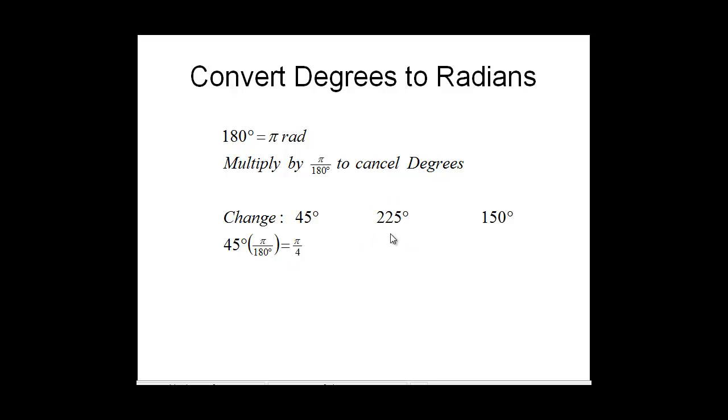Okay, if you want to convert 225, take 225, multiply by pi, divide by 180, and 45 goes into 225 5 times, goes into 180 4 times, so it's 5 pi divided by 4. 150 degrees, take 150, multiply by the fraction, pi over 180. The degree symbols cancel, the zeros cancel, 15/18 turns out to be 5/6, which is 5 pi over 6. So to convert from degrees to radians, you multiply by pi, divide by 180.